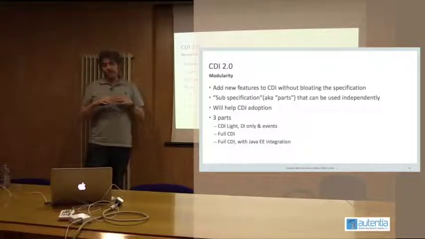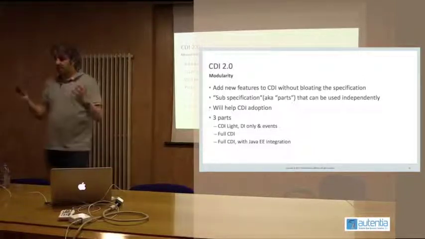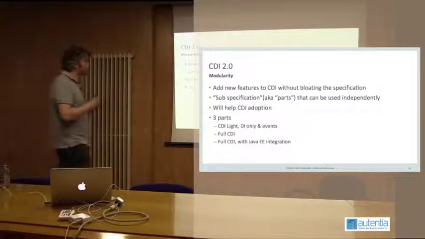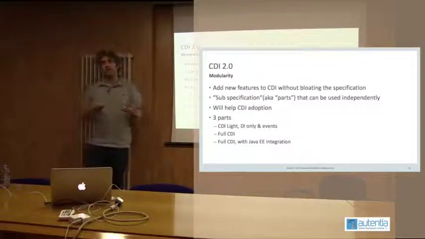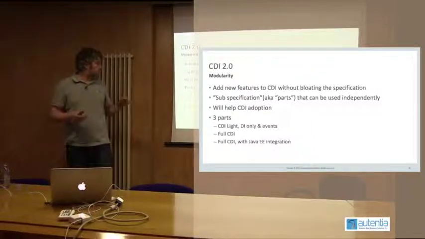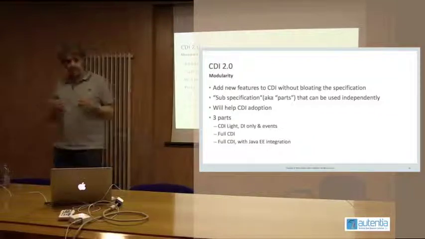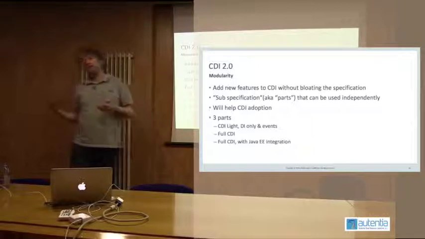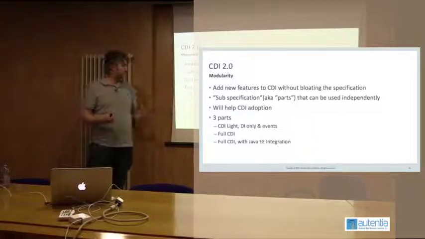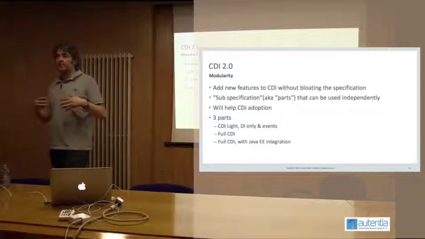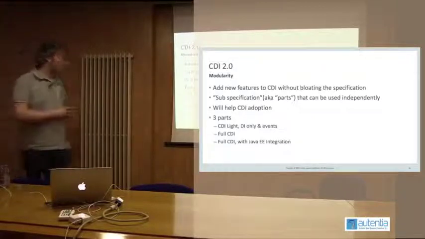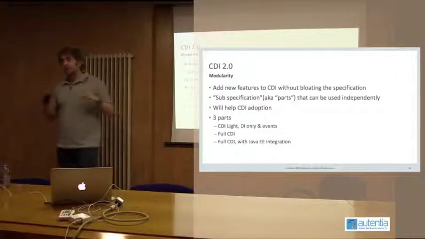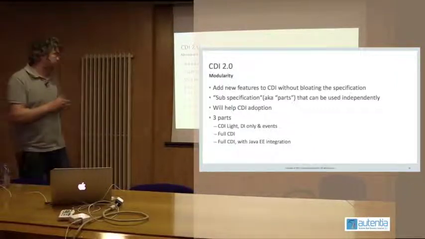So the CDI EG would like to boost adoption outside of Java EE, so they would like to be more modular. They have this idea of splitting the specification into sub-specifications that would be called parts. Last time I checked, they are thinking of having two parts, an SE part, and based on that SE part, an EE part. That would basically be the whole CDI. And clearly, being more modular will help the adoption of CDI outside of Java EE.